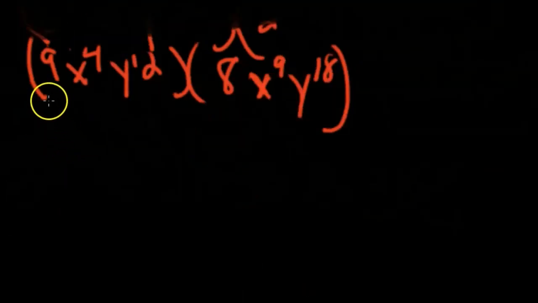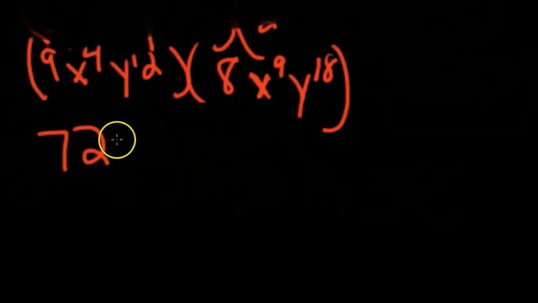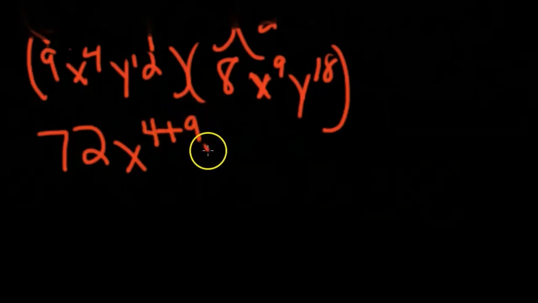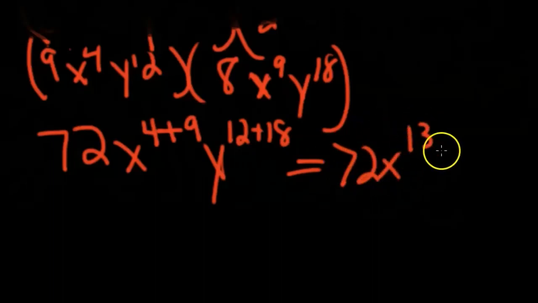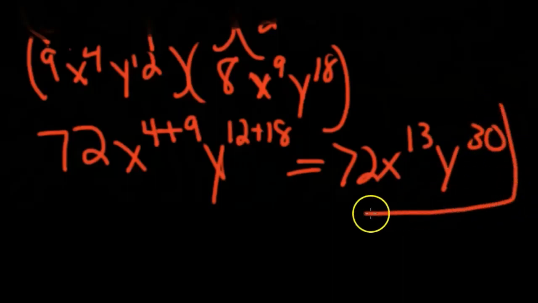Now we have 9 times 8, which gives us 72. x to the 4th plus 9th, y to the 12th plus 18th, which gives us 72x to the 13th power, y to the 30th power. And this is your final answer.